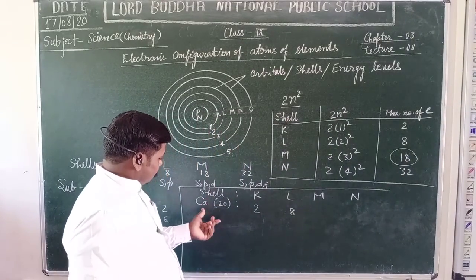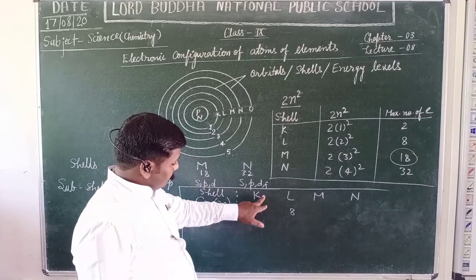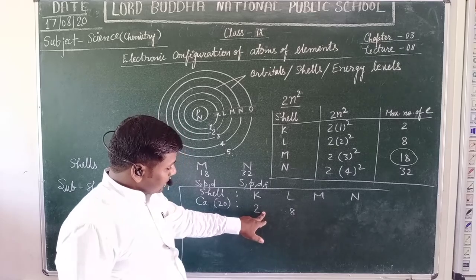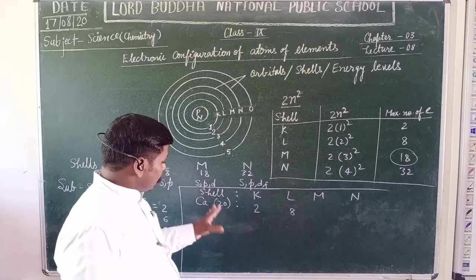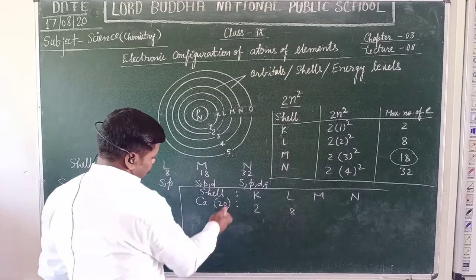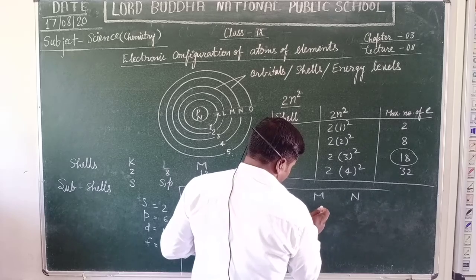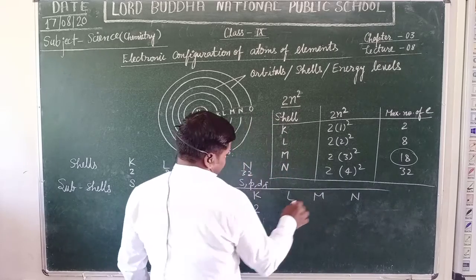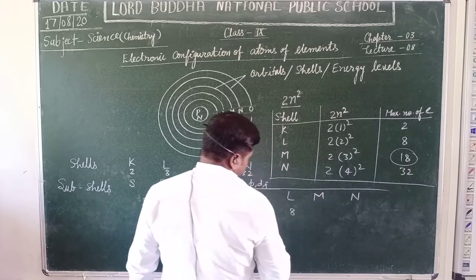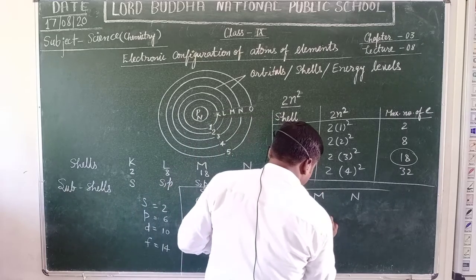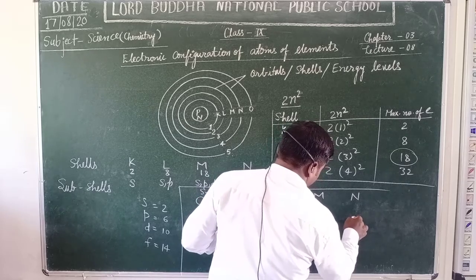But here, the calcium atom has only 20 electrons, in which 2 electrons are filled in the K shell, 8 electrons in the L shell. Now the remaining number of electrons is 10. But according to the Bohr scheme, in the outermost shell, we cannot fill more than 8 electrons. Hence, here I filled 8 electrons and then 2 electrons.